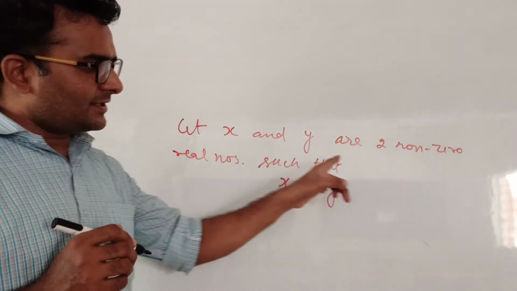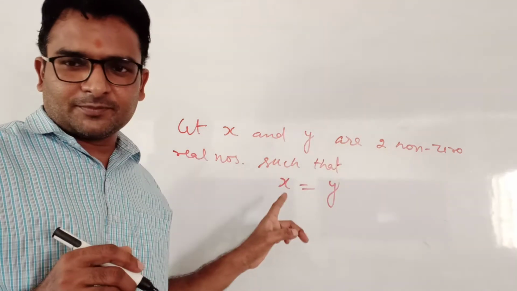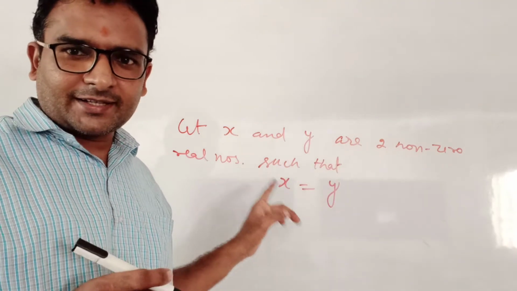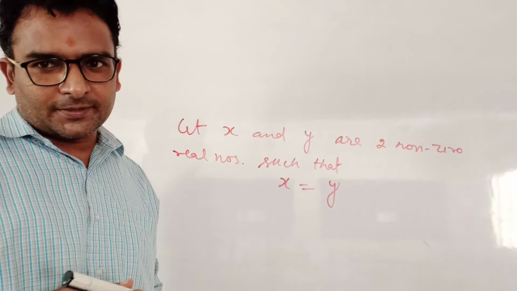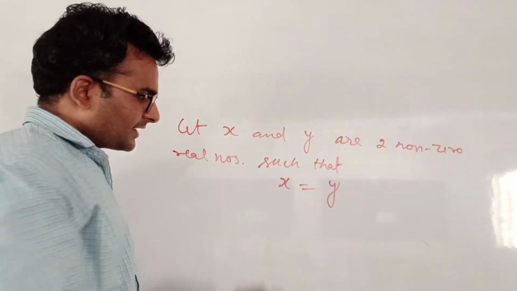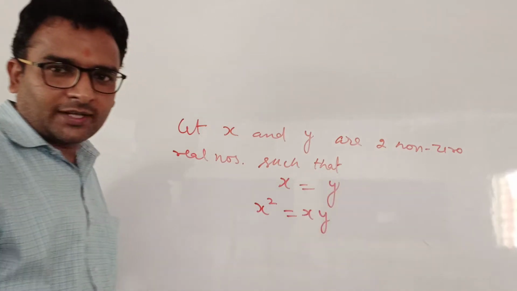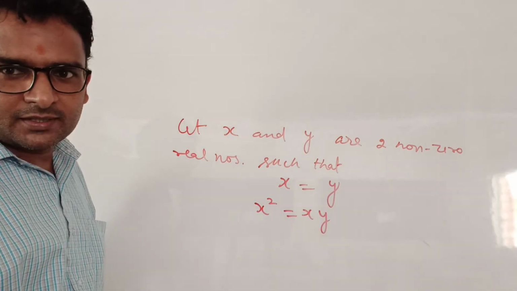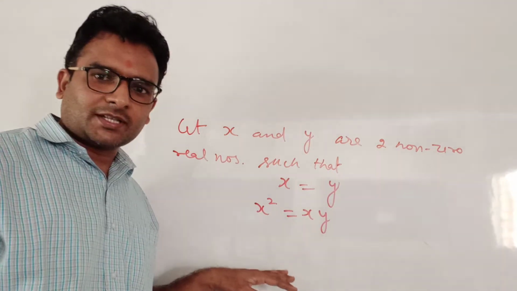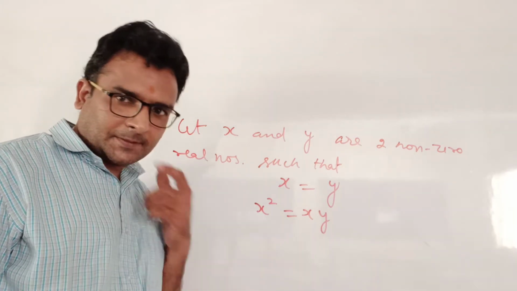So here x and y are two non-zero real numbers such that x is equal to y. This can also be written as x square is equal to xy if I multiply both sides by x.